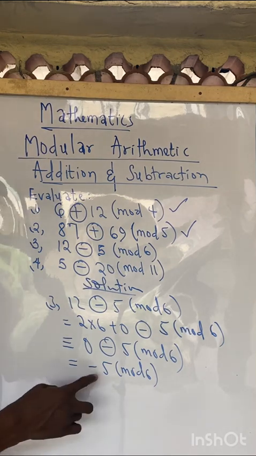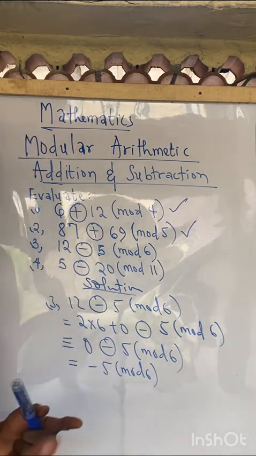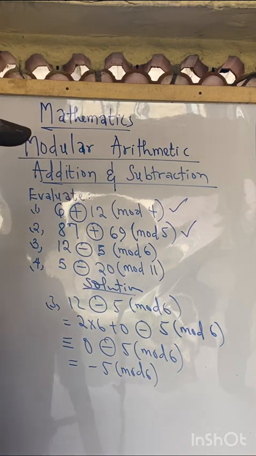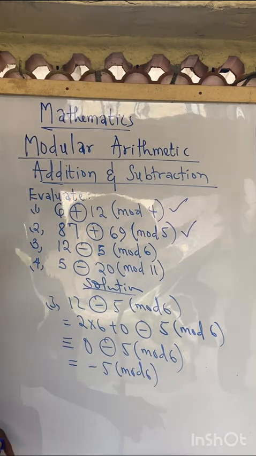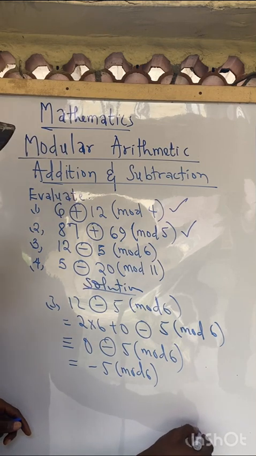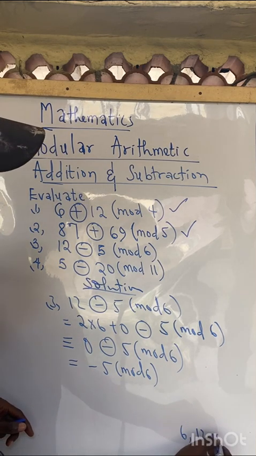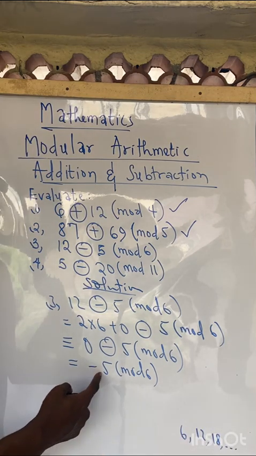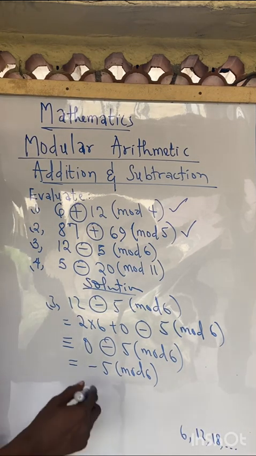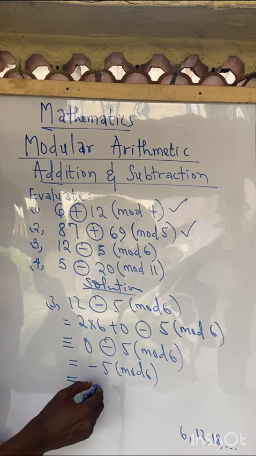Then minus 5 is not in mod 6. You still have to reduce it to something that will be in mod 6. So let's write the multiples of 6. 6 times 1, 6. 6 times 2, 12. 6 times 3, 18. And so on. Out of these multiples, which one is close to 5? 6 is close to 5. Let's write this as minus 6.